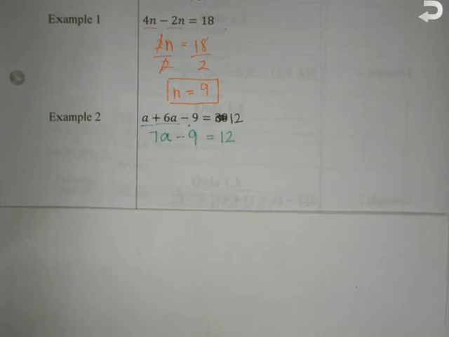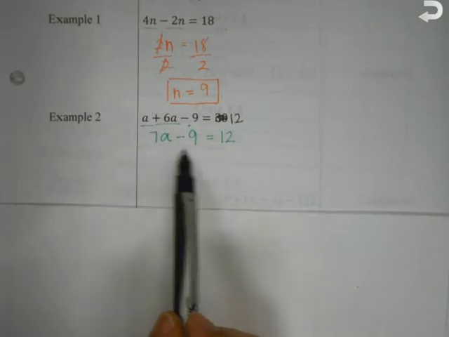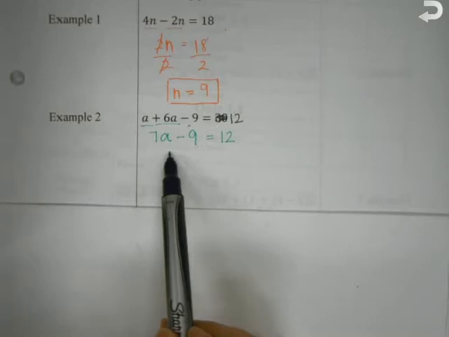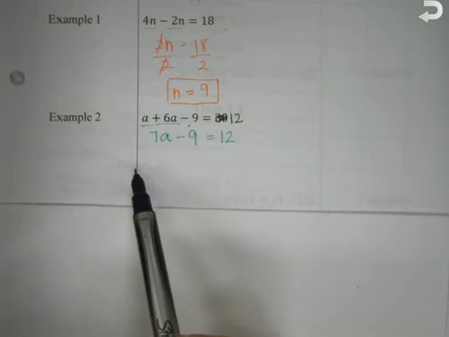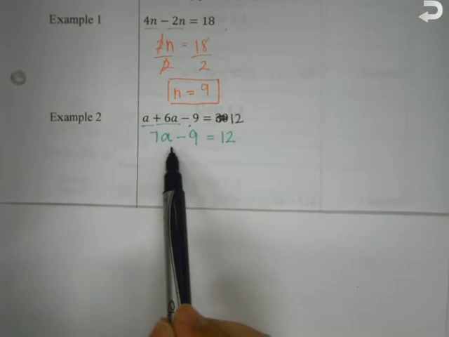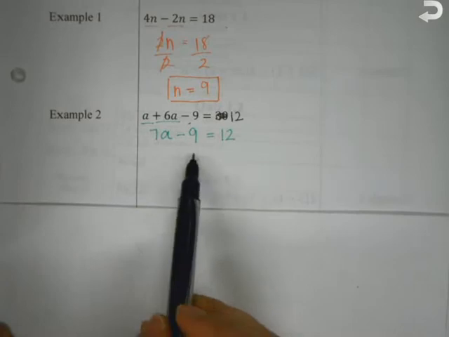Okay, now this looks like a two-step equation. We want to look and see if all variables are on the same side. Are all variables on one side only? Variables. Yes. Letters. Yes. 7a, right? Are my constants or numbers on the other side yet? No, I still have this minus 9 on the left-hand side, so what am I going to do?